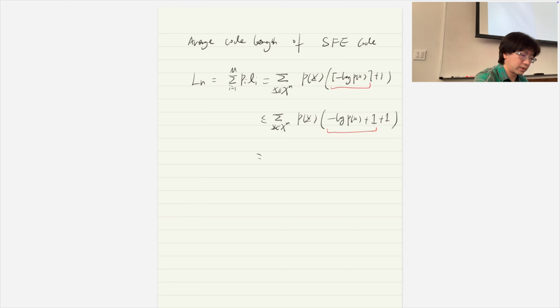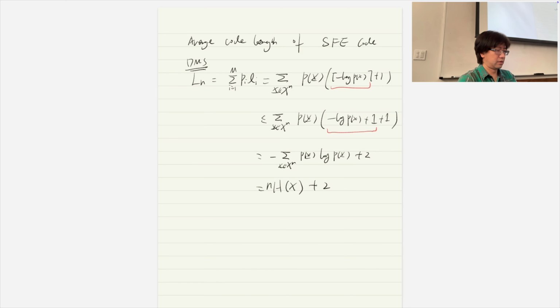And then we have minus log p(x), and then add 2. The first term is nothing but our entropy, where we assume a DMS, and we use the DMS property here.